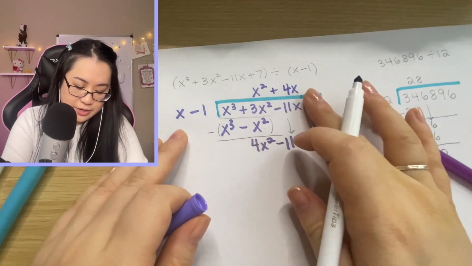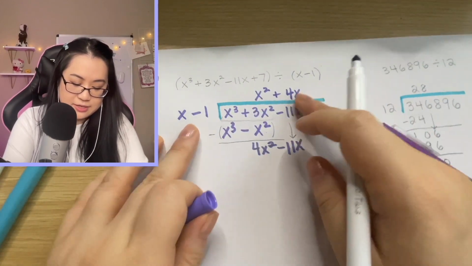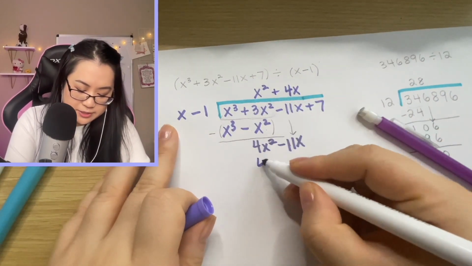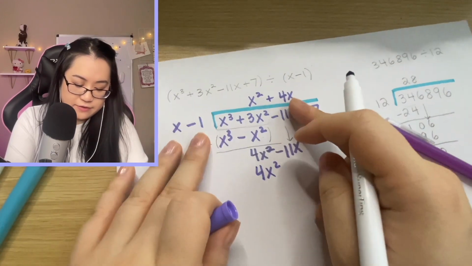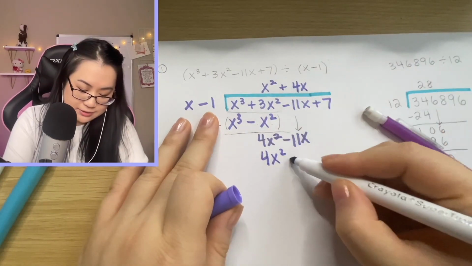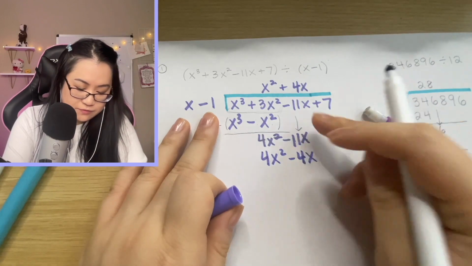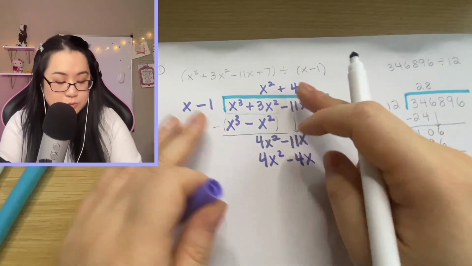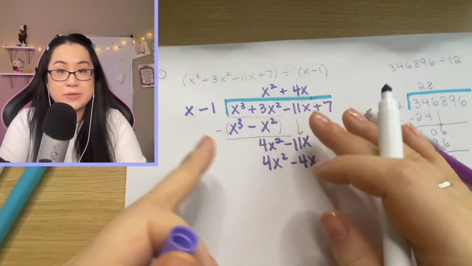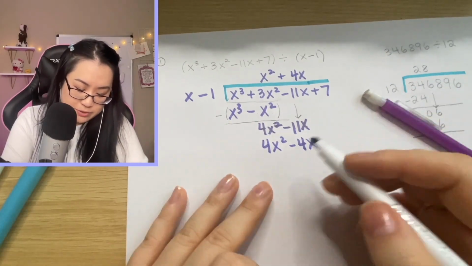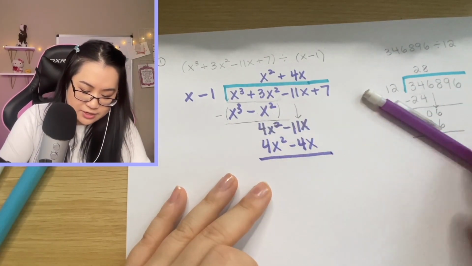So then we multiply like this, and so we get 4x squared. And then we have minus 4x. So if I were to do 4x times x minus 1 in parentheses, we're basically doing the distributive property. Get the idea?